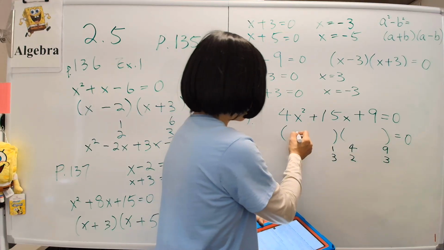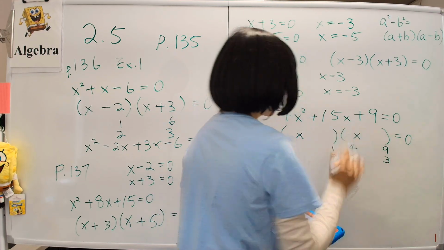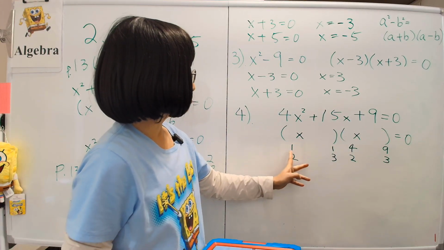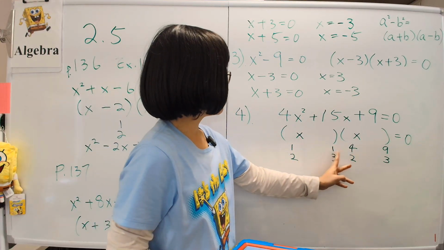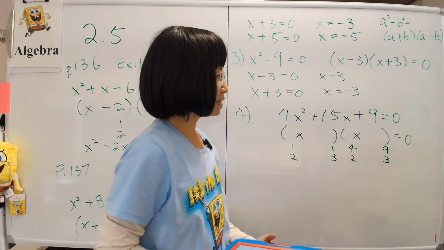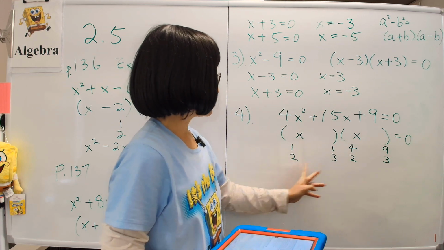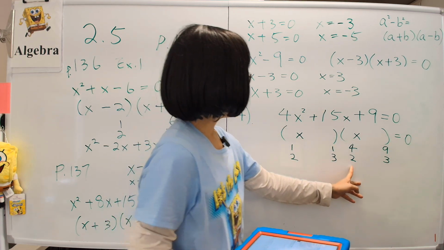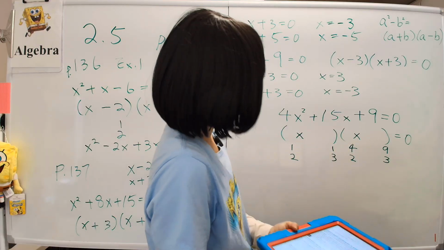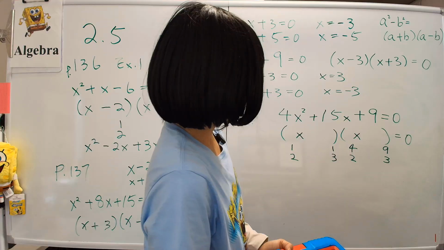Now, we'll write down x here, but we don't know how many x. What's the number in front of x? That's the trick. If we have 1 times 4 and then 1 times 9, that would be 4 plus 9 is 13. That's not good enough.